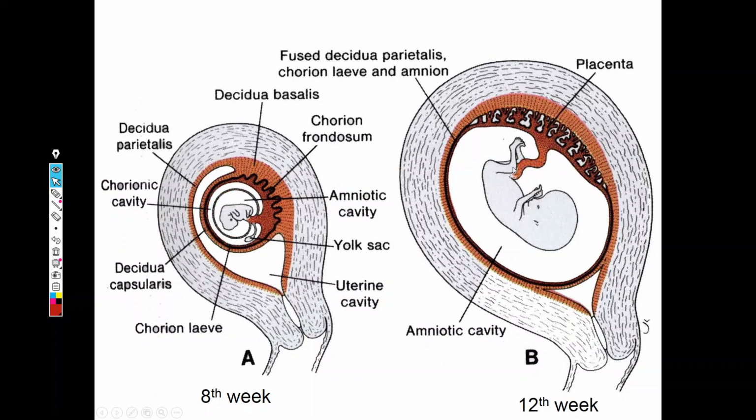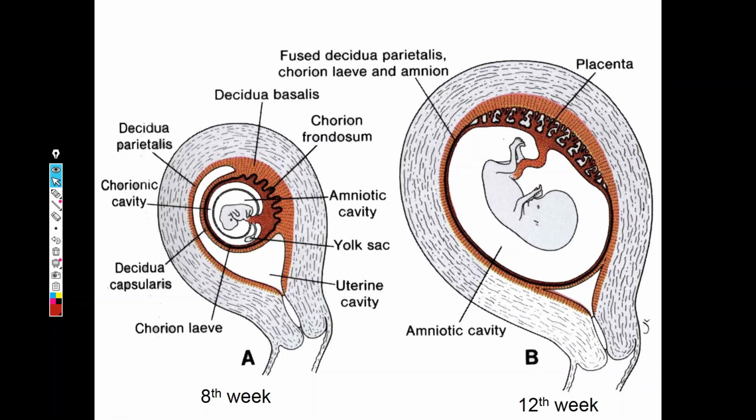The embryo is connected to the placenta via the umbilical cord, and the placenta is made of chorion frondosum right here and decidua basalis, or basal decidua, here. So the placenta has two parts: one part that belongs to the fetus and one part, the basal decidua, that belongs to the mother.